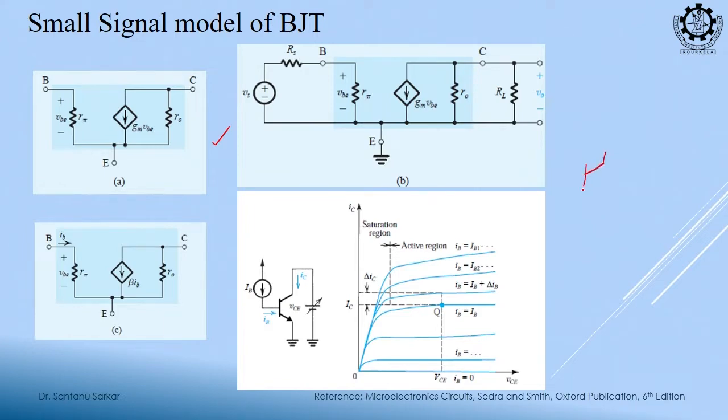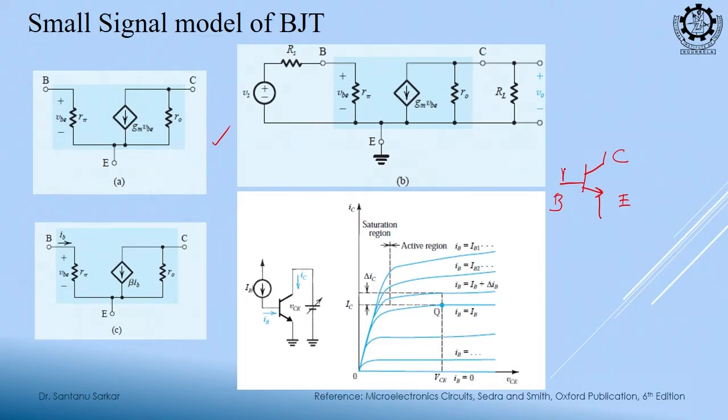So, this terminal is collector, this terminal base, this terminal emitter. By convention, current is flowing away from base to emitter, right? The arrow is showing like this.